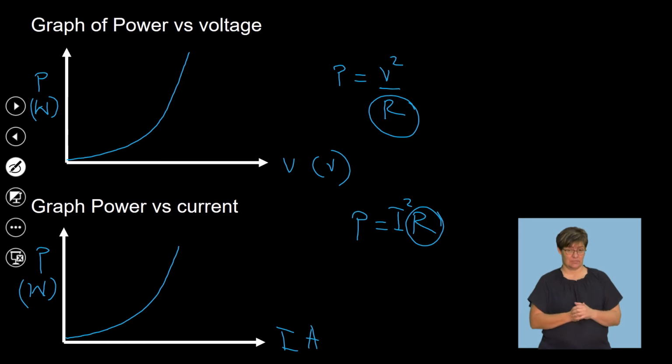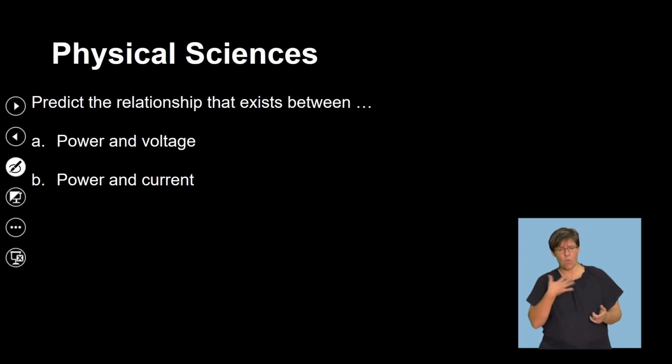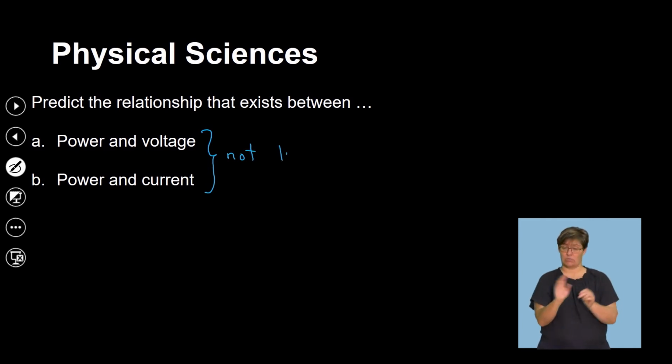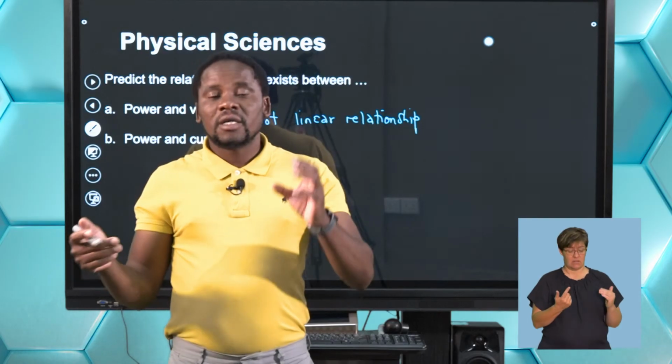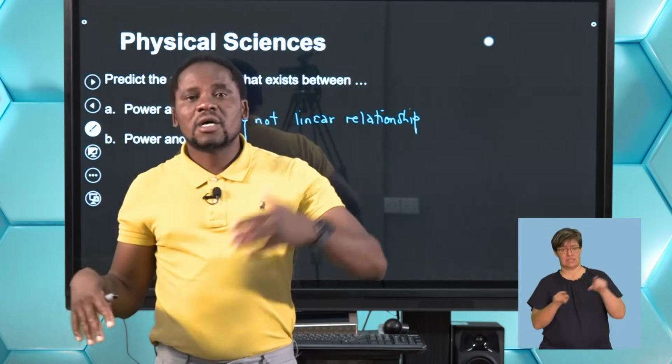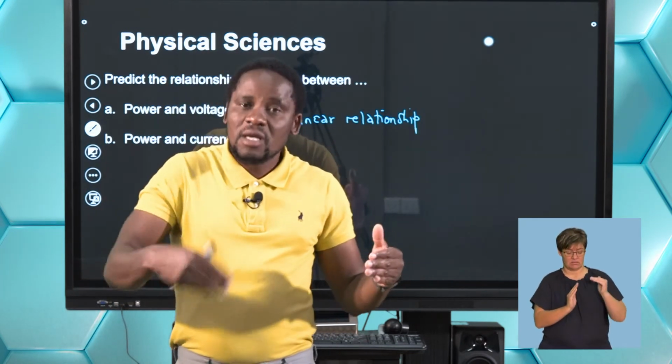Very important. Now, we want to predict a relationship that exists between power and voltage. Let's agree that these are not linear relationships. What do we mean by that? Remember, if two quantities are directly proportional to each other, it means if you increase one, the other one will also increase by the same proportion.